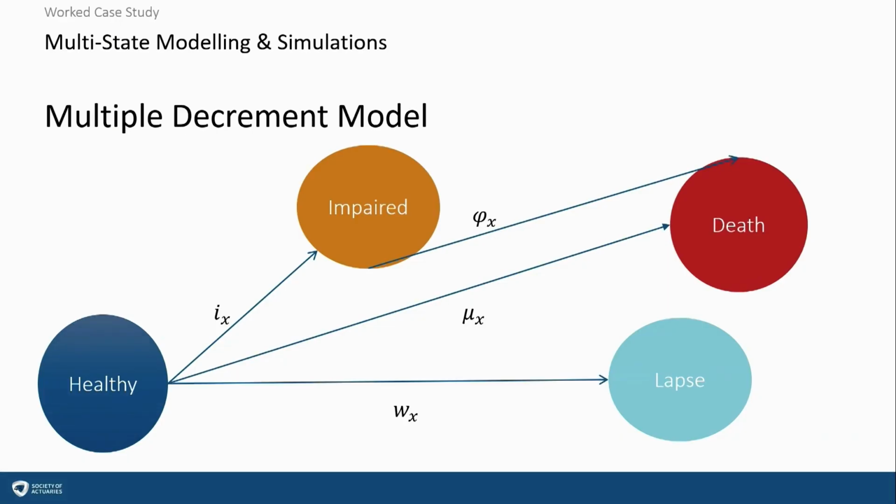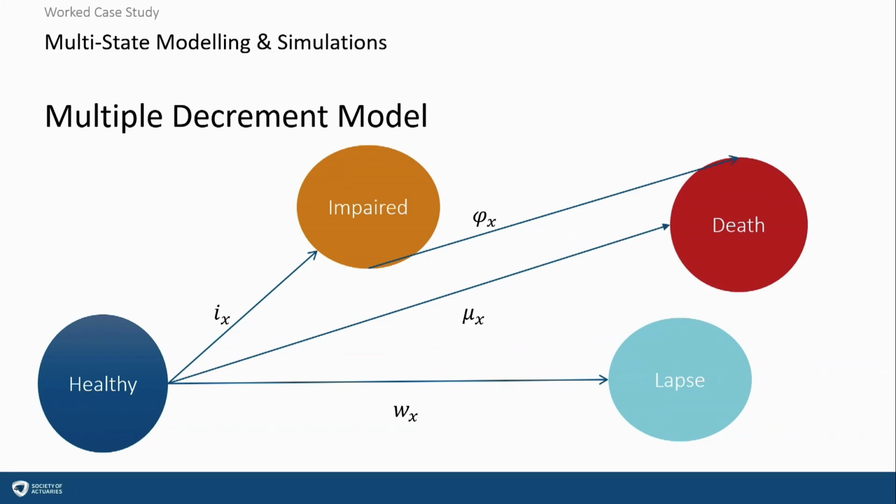So just to show the situation in terms of the multi-state model that we've used, every life is underwritten, as Ben had pointed out, when they buy the product, so they all start in the healthy state, and then through a force of incidence of morbidity, they'll find themselves moving potentially into an impaired state.